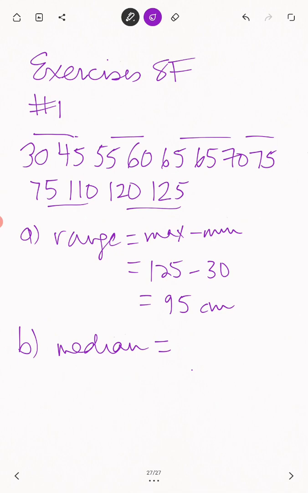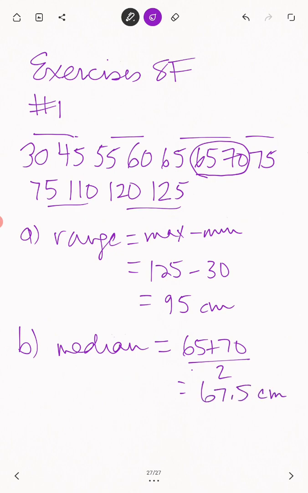So the two middle values here are 65 and 70, because then there are 5 to the left of it and 5 to the right of those two values. So we have to average those two values, so it'd be 65 plus 70 over 2, which is 67.5 centimeters for the median.